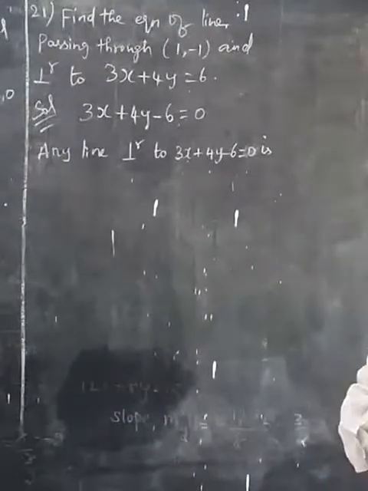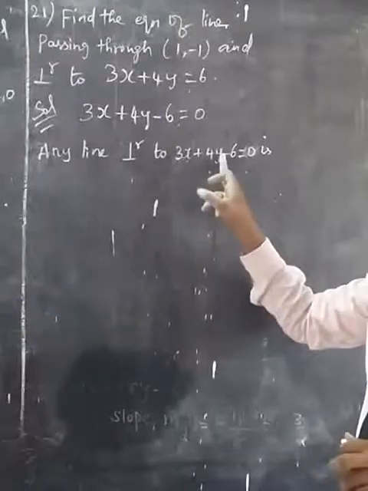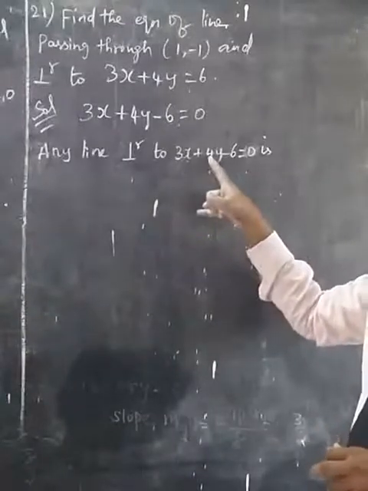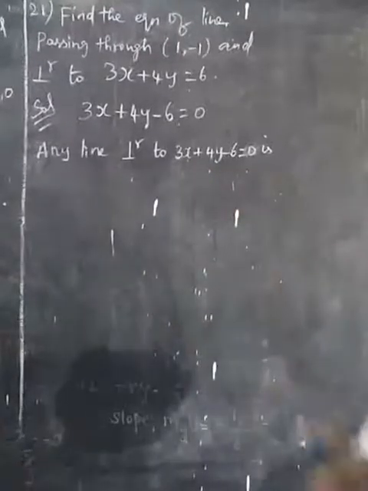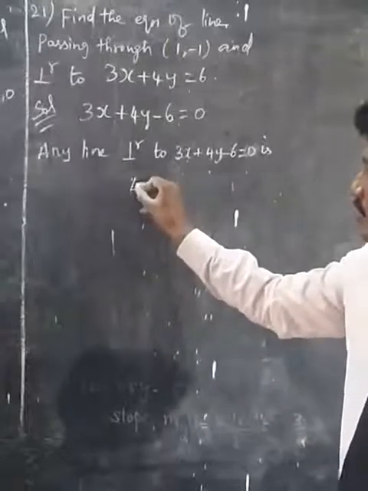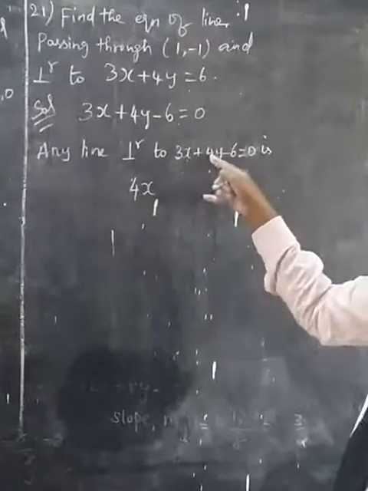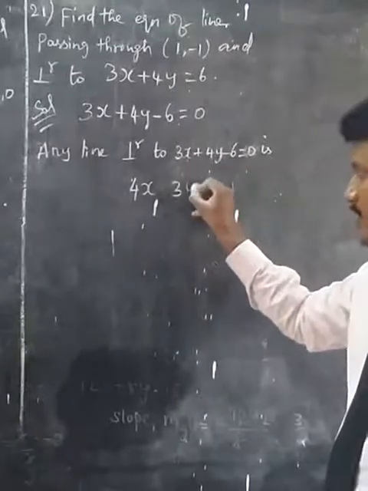Just listen carefully. First we need to interchange the coefficients of these two, which means 4 should come as the coefficient of x, 3 should come as the coefficient of y. That is the first change that we have to make, which means I am going to write 4x, 4 is taken to x, 3 should be taken to y, so 3y.